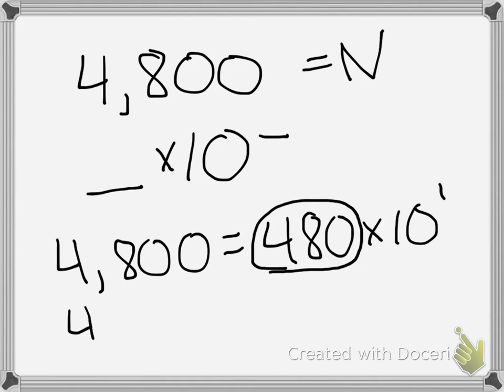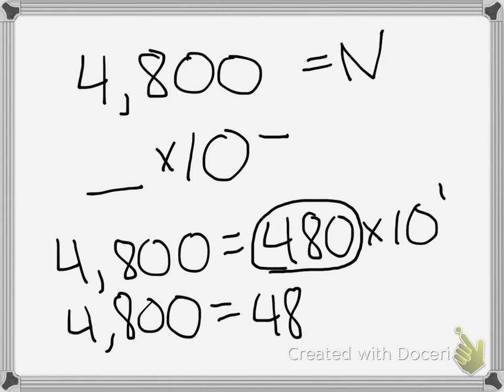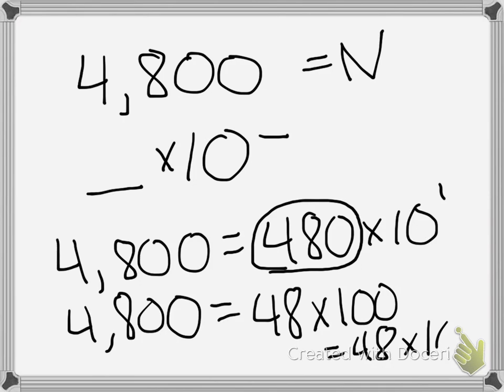I can write 4,800 as 48 times 100, which is 48 times 10 squared. Still not good enough, though. 48's too big. But if I multiply by one more, I can write it as 4.8 times 10 cubed.